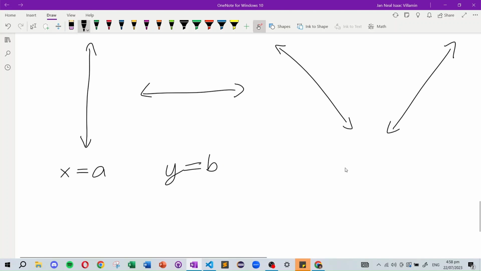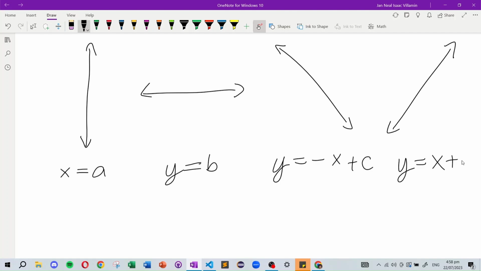This line right here has an equation of y equals negative x plus some value c, let's say. And this one has a formula of y equals x plus c, because this has a negative slope. Negative 1 is the slope, and 1 here is the slope.